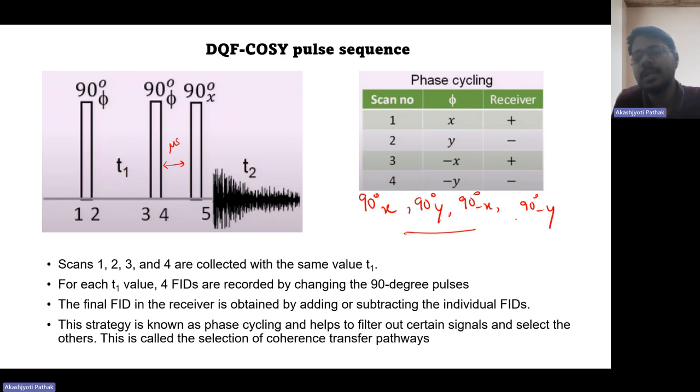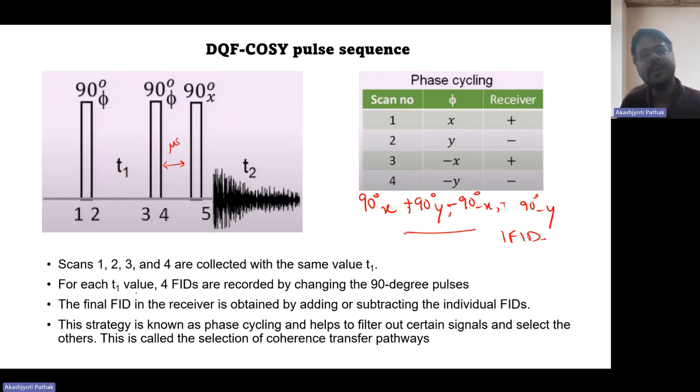The FIDs that you obtain from these four scans are combined as plus minus plus minus, so this addition and subtraction gives you one FID.